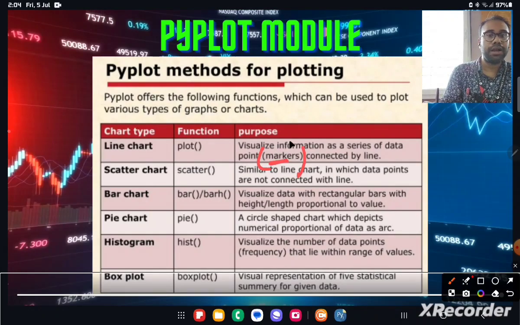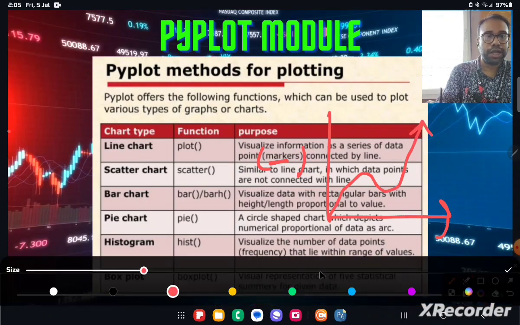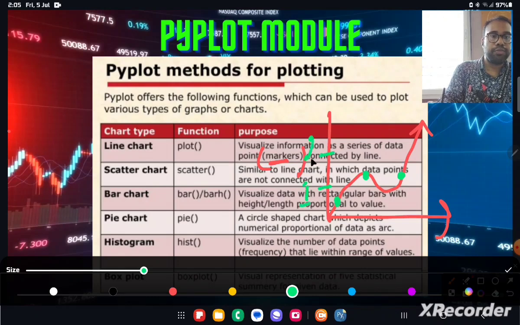What are markers? Markers are nothing but, if we are drawing a graph like this, it is quite obvious that we have different marking points. Suppose this is a point, this is another point. So correspondingly there are different values we are plotting. These points are identified by the values pertaining to the x-axis and y-axis.